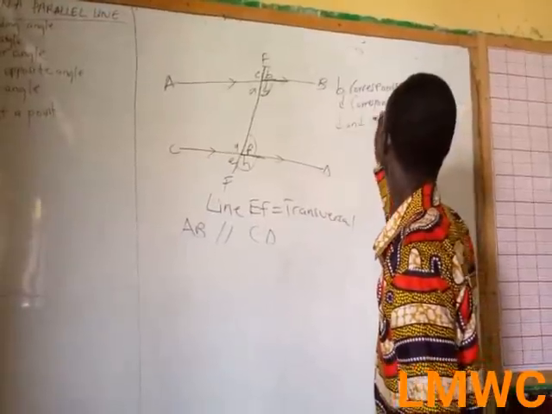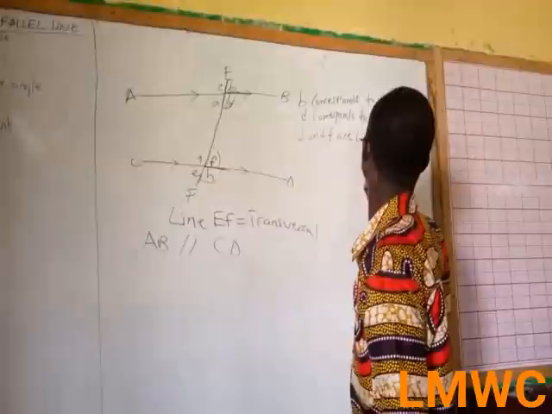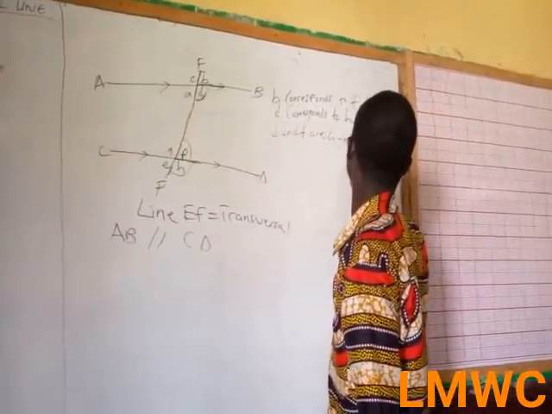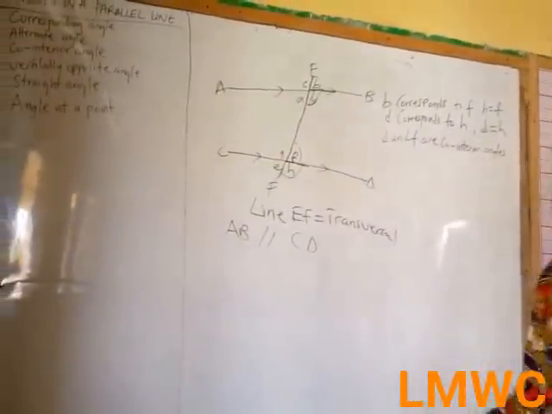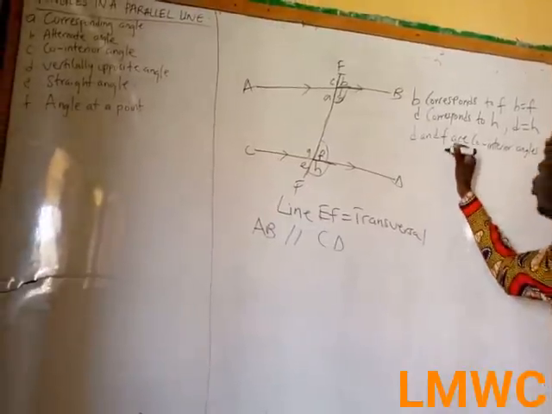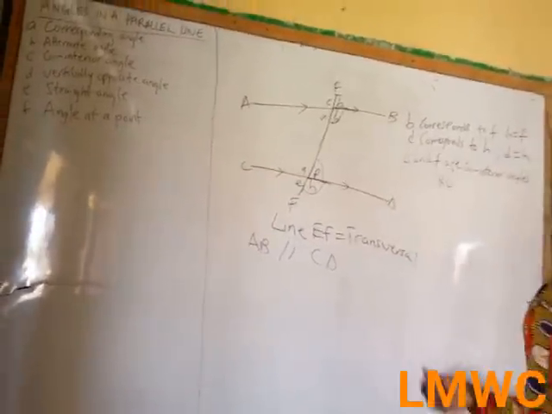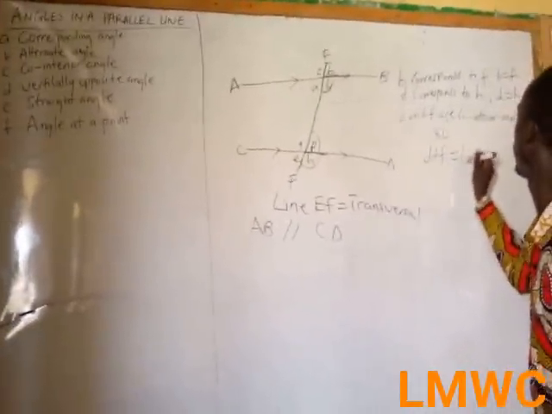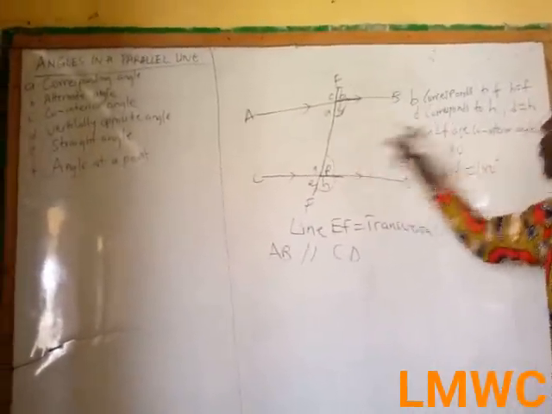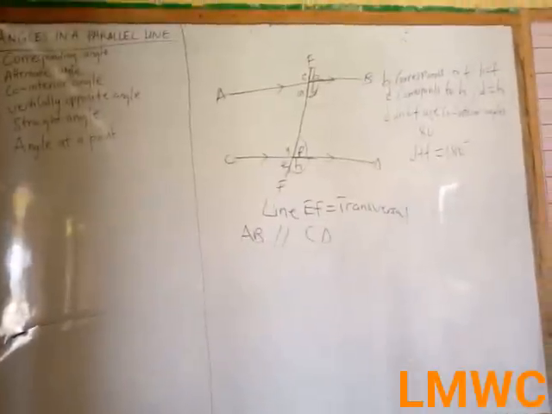D and F are co-interior angles. Always take note that co-interior angles add up to 180 degrees. This means D plus F gives us 180 degrees.